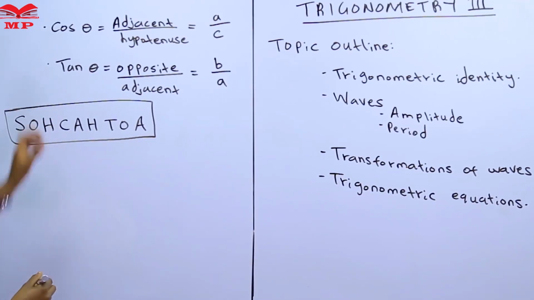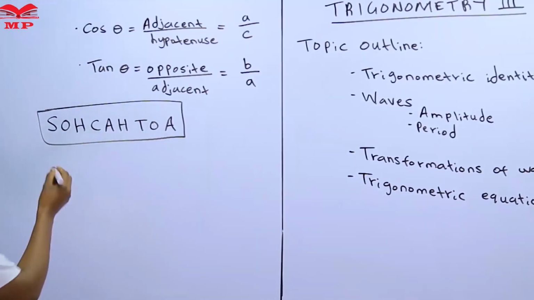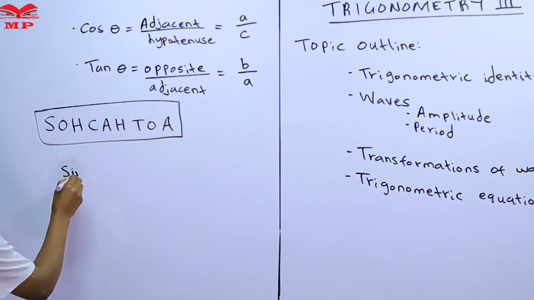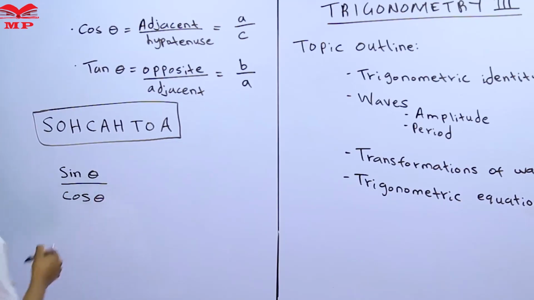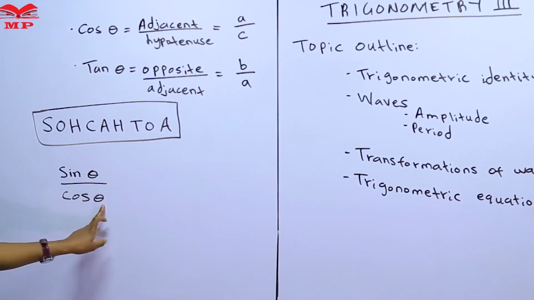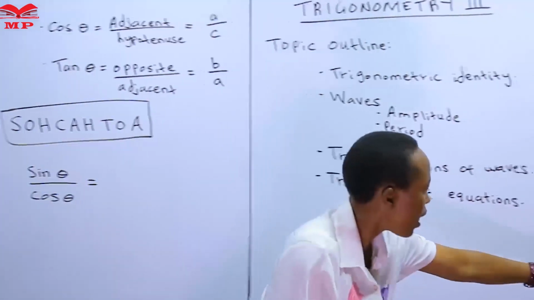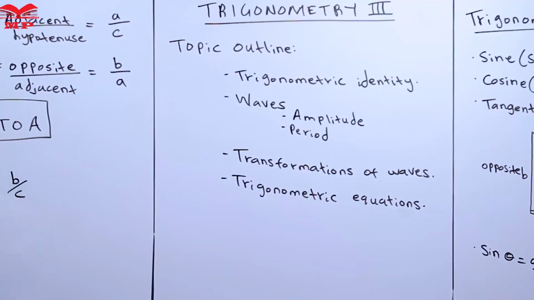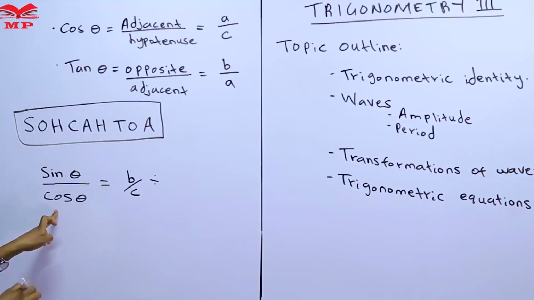Now, I also want you to observe this, again from your previous knowledge. If I take sine theta and I want to divide by cos theta, look at this keenly. The sine theta all over the cos theta will be the same as saying our sine theta is B over C, which we divide by cos theta.